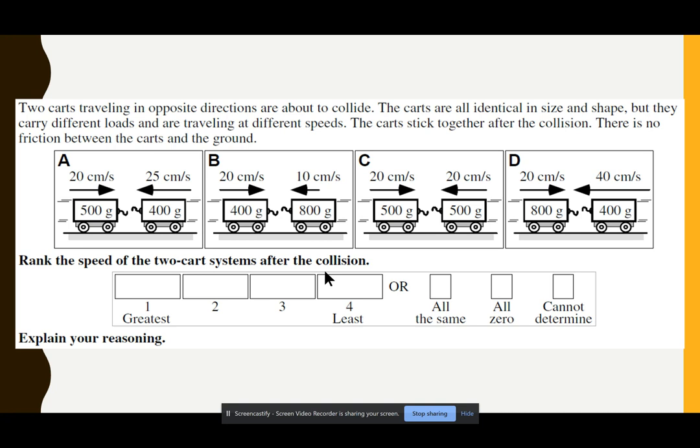So when they stick together, you're going to end up using this equation: mass 1 times velocity 1 plus mass 2 times velocity 2 equals mass 1 plus mass 2 times your final velocity. So this is initial, and this would be your final. So that's what you're looking for, and I'll let you do that.